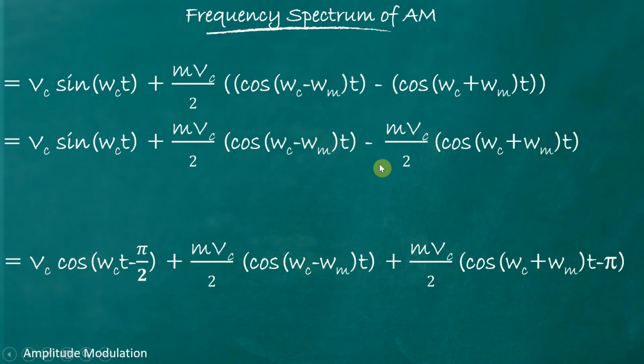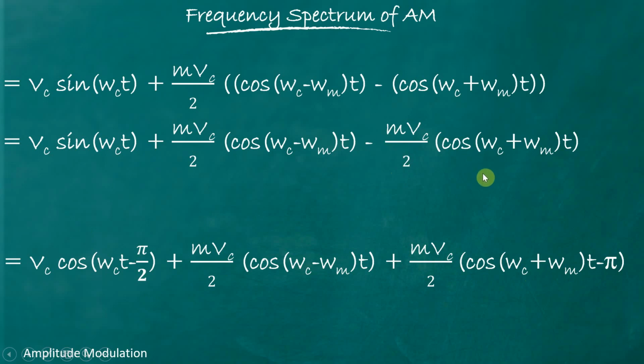Now you know minus cos ωt can be replaced as plus cos(ωt minus π), right? So here mVc by 2, the first two terms are as it is. This third term, which is negative, is being converted into positive with this formula, that is cos(ωc t plus ωm t minus π), right?